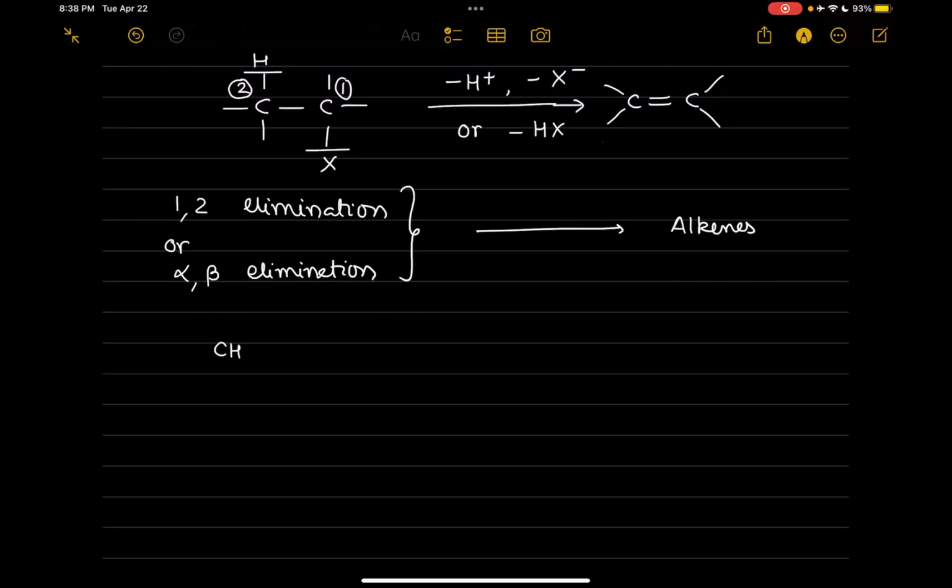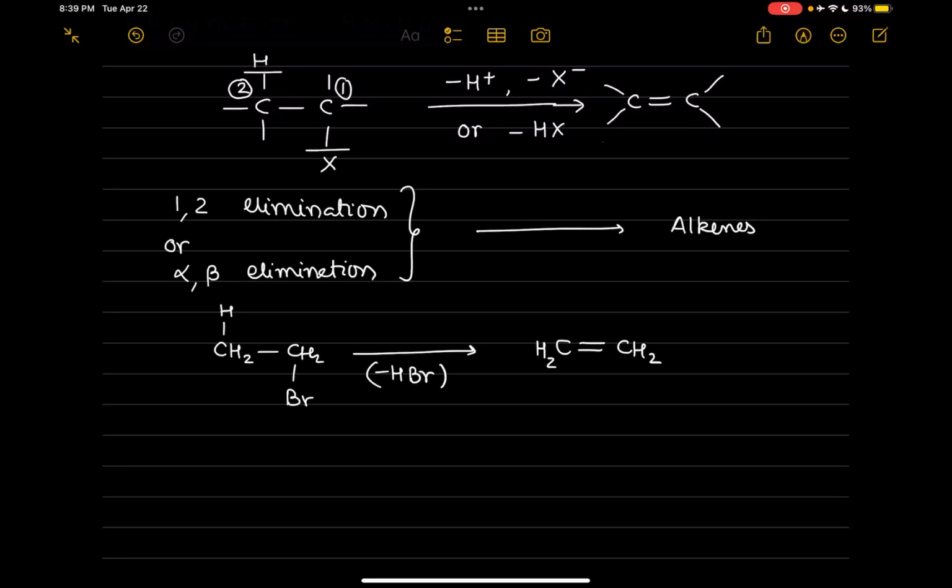If I take ethyl bromide or bromoethane, and if I carry out the elimination, if I remove HBr, what is being removed? I write it on the arrow, minus HBr. So you are having CH2 and CH2. What will happen to these two bonds? They will join among themselves.